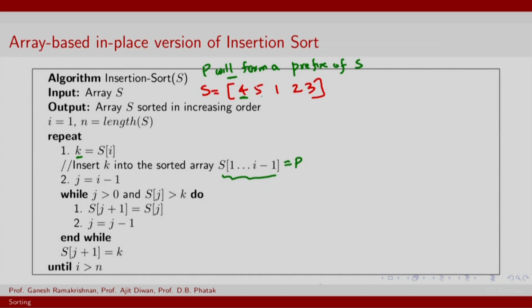But going forward, for I equals 2, this will be just 4. So for the time being, we focus on the key at 5.